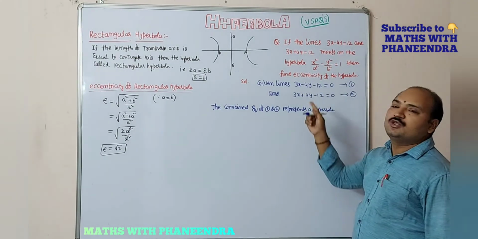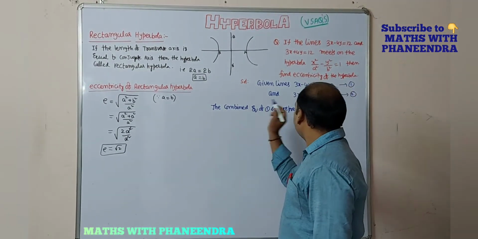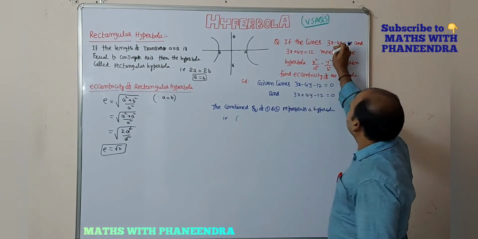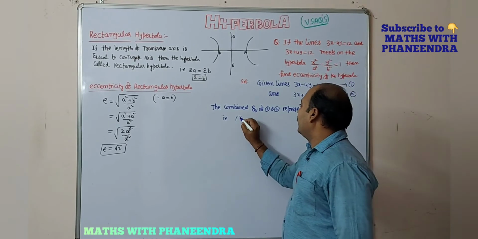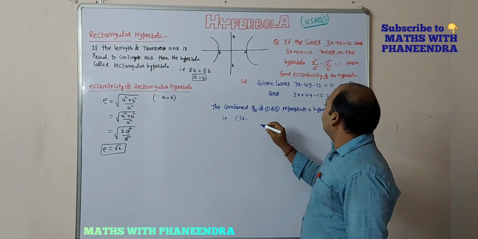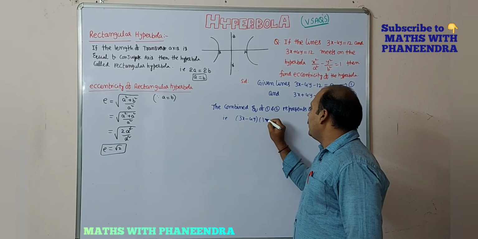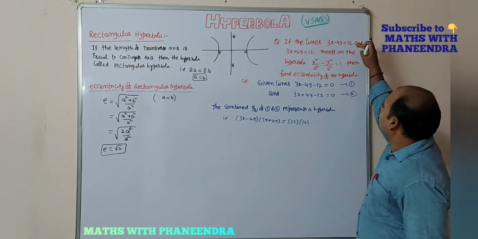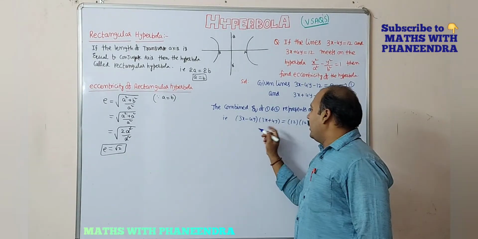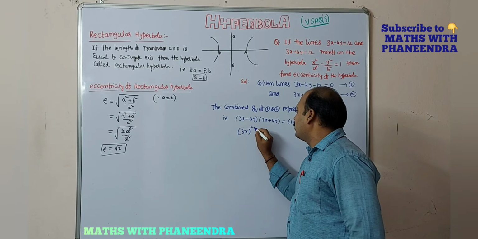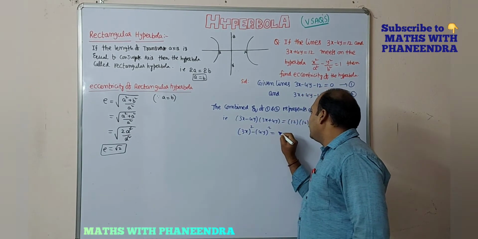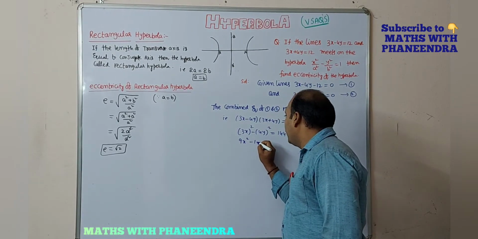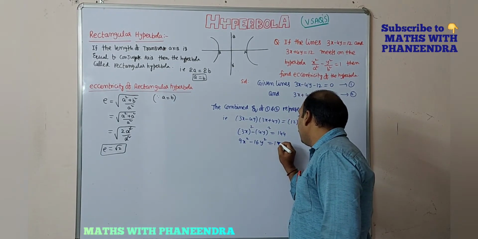So we multiply these two equations, LHS and RHS. 3x minus 4y into 3x plus 4y is equal to 12 into 12. These values we are multiplying. (a plus b) into (a minus b) is a square minus b square, so (3x) whole square minus (4y) whole square is equal to 144. 9x square minus 16y square is equal to 144.